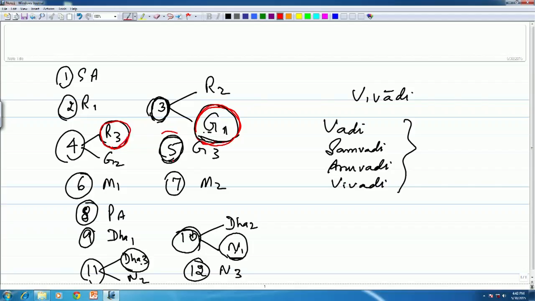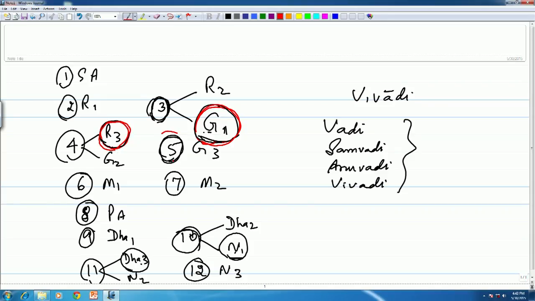Sari ga ga ma pa ma ga ma re sa. So this is any raga which has Re3.